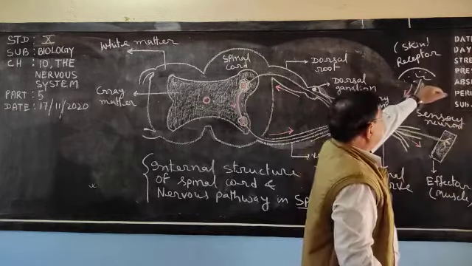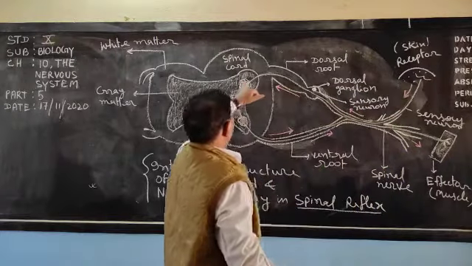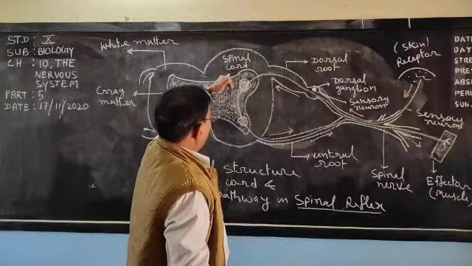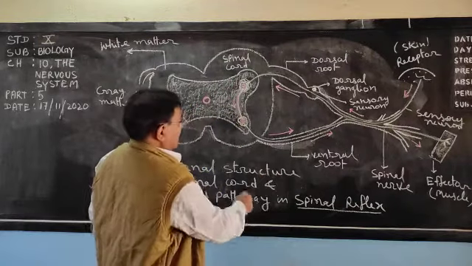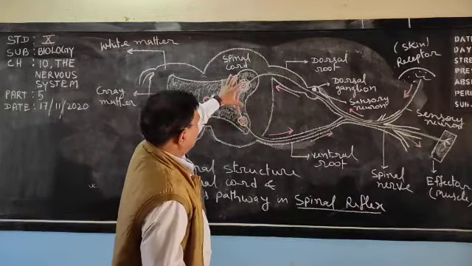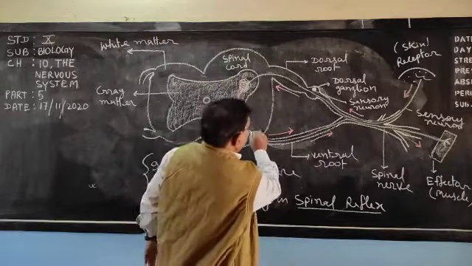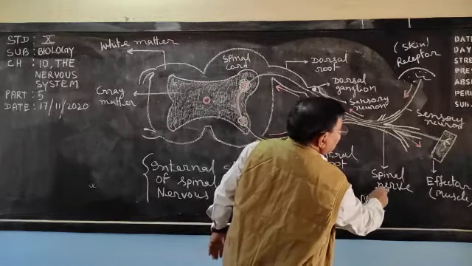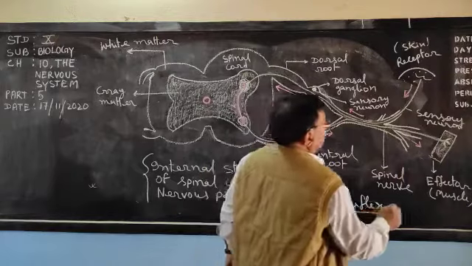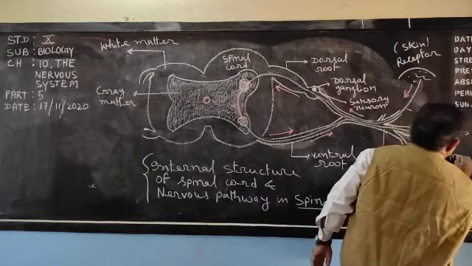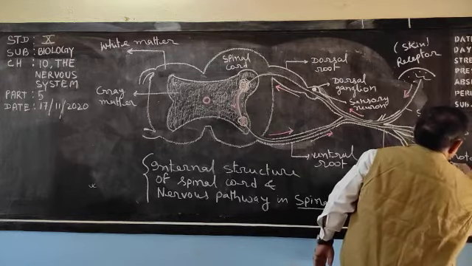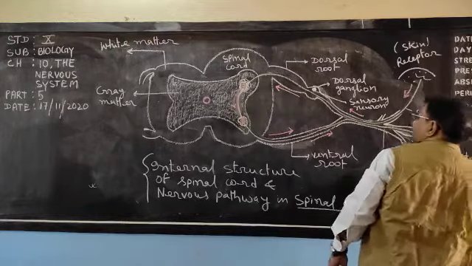And this is bringing the message to the spinal cord. And here these two connect, and this green color shows the motor nerve, or motor neuron. Very clear.